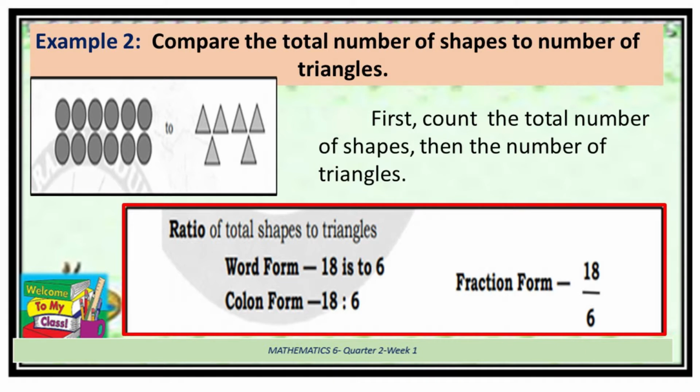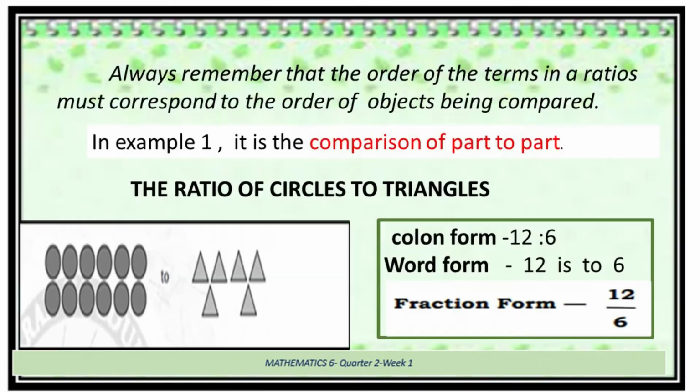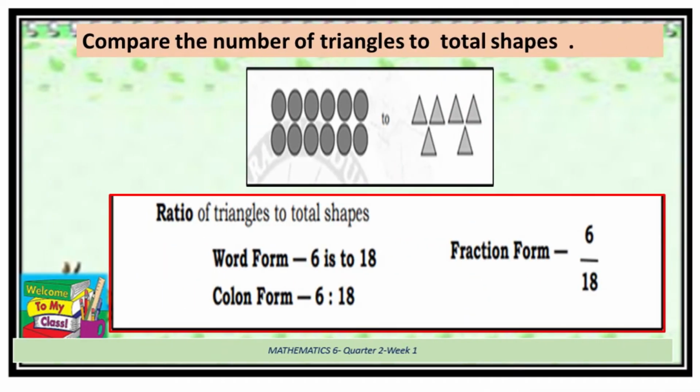So, the ratio of total shapes to triangles is 18:6. The ratio of triangles to total shapes is 6:18. In example 2, it is the comparison of part to whole.